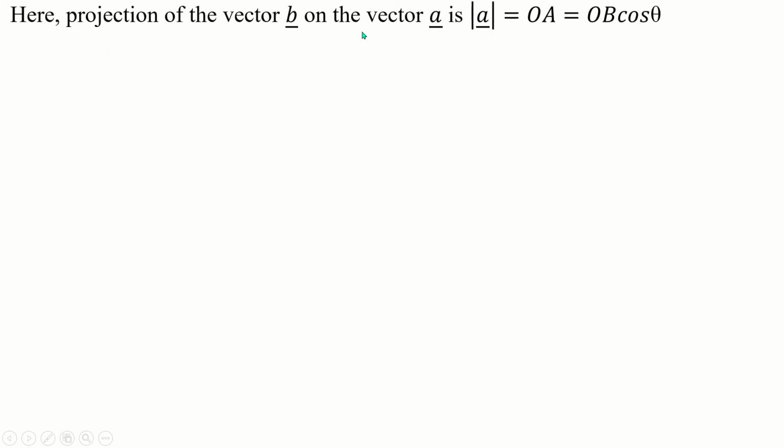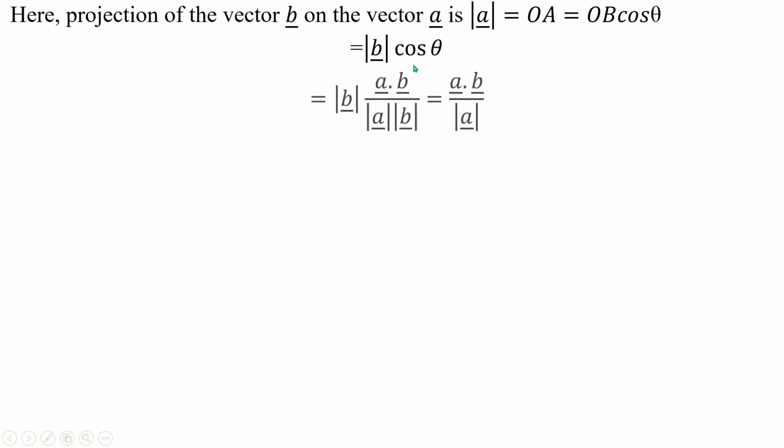Now, the projection of vector B on vector A will be OA. Same formula, I'll just put in the value of cos theta. Cos theta is equal to A vector dot B vector divided by the absolute value of A into the absolute value of B. The absolute value of B cancels, and we get this. This formula we have to remember or memorize or understand, because for solving math this formula is very important.